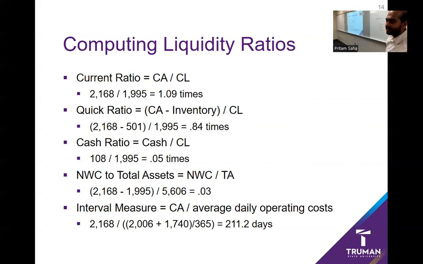Like accounts receivable is a current asset, but that's money that is owed on account. Okay, and what else? The major problem of the current ratio, or of current assets, is inventory. Depending on the nature of your business, your inventory could be liquid, or your inventory could not be liquid, right?